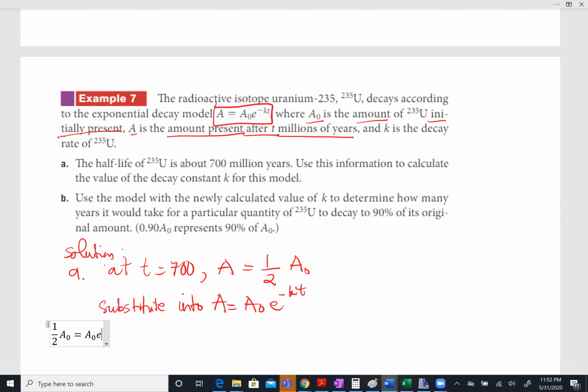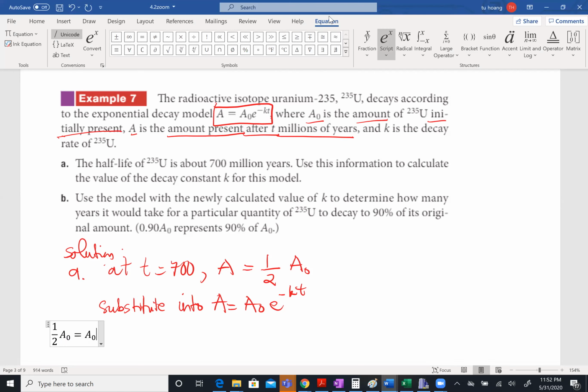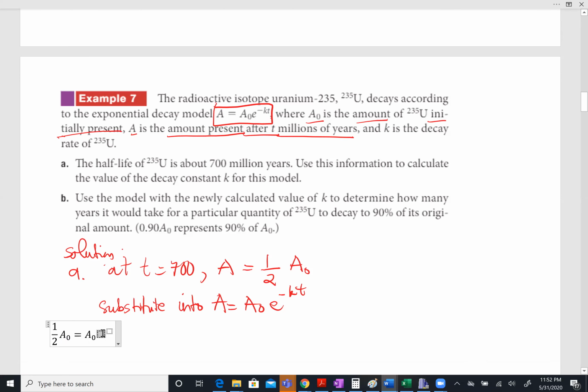E for negative, okay, so E power negative kT. T in here is 700.